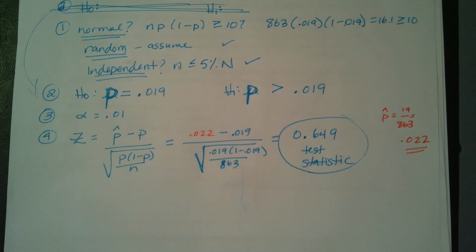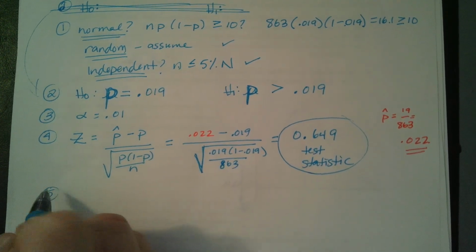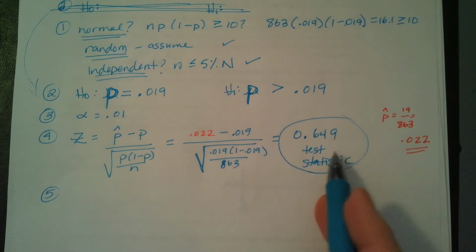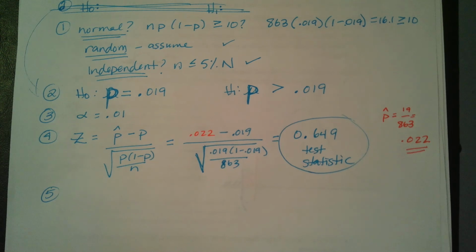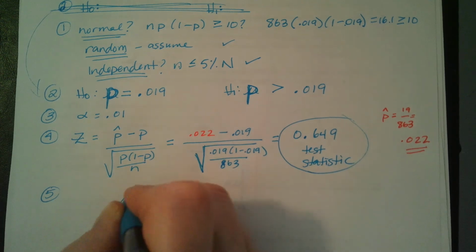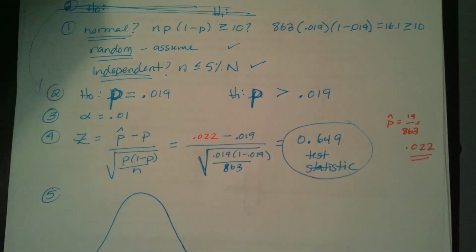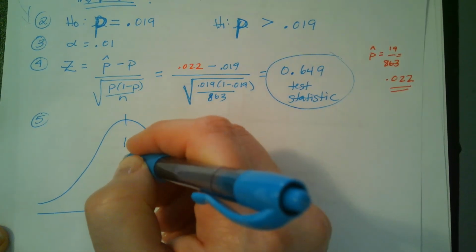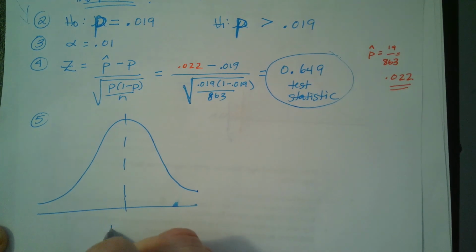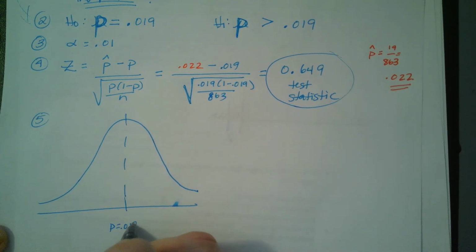Then we go to table 5 and look up the probability of that occurring. Let's first look at a curve and determine what we're looking at. I've got a curve down here, and right down the middle I have my true proportion of 0.019.